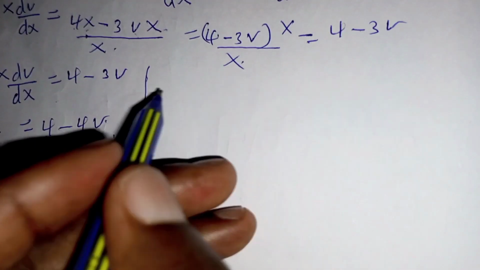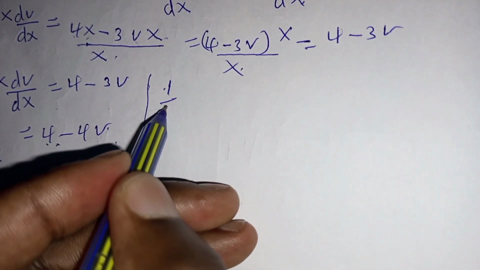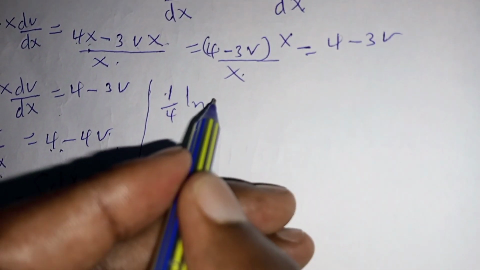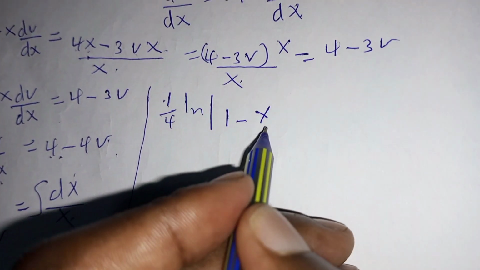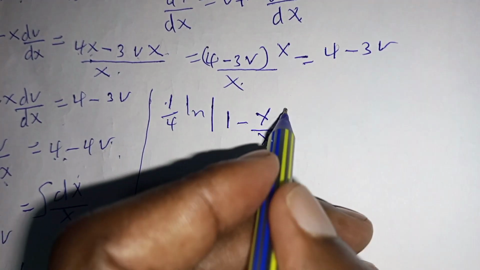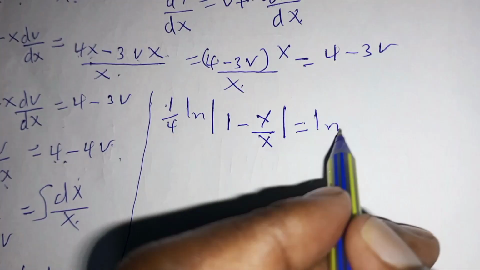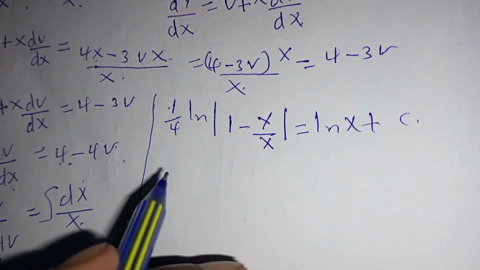I can substitute it here. So you are going to have 1 over 4 natural logarithm of modulus of 1 minus y over x is equal to natural logarithm of x plus constant c.